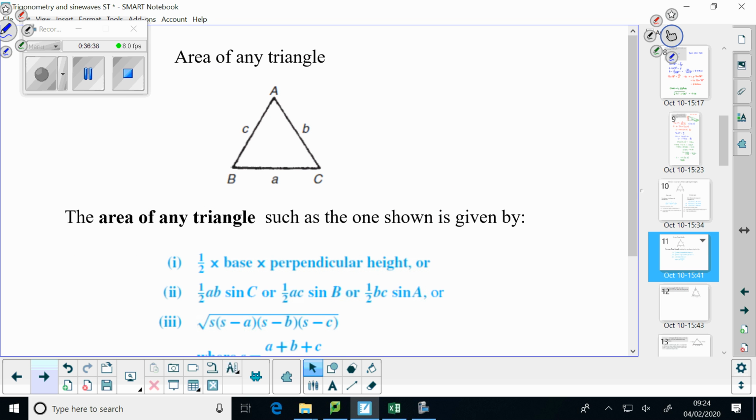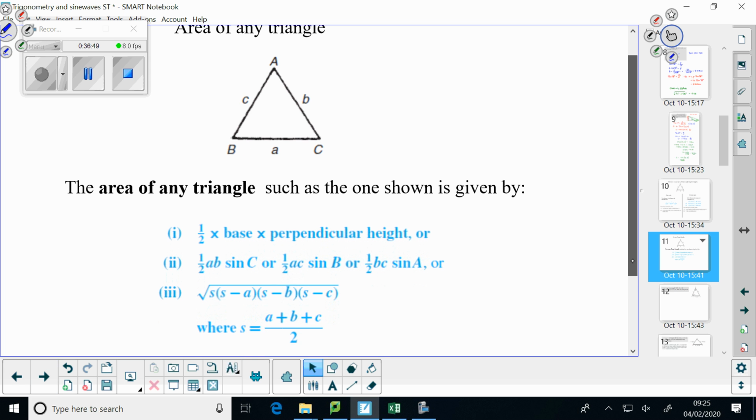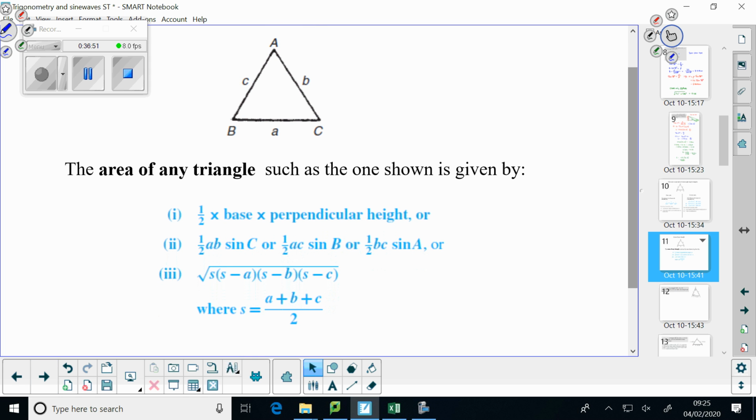So, that's that. We'll have a look at a problem in a minute, I would think. And then the area of any triangle, three different ways, depends on what you already know. If you know the perpendicular height and the base, in this case the base is a, you can do half base times perpendicular height.